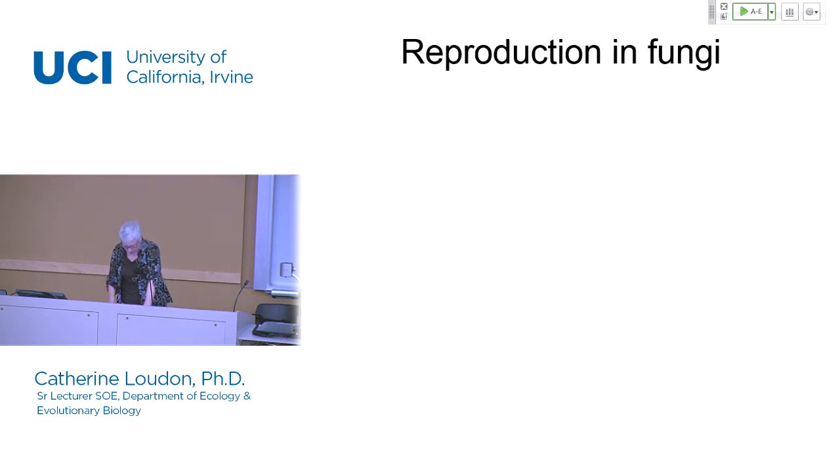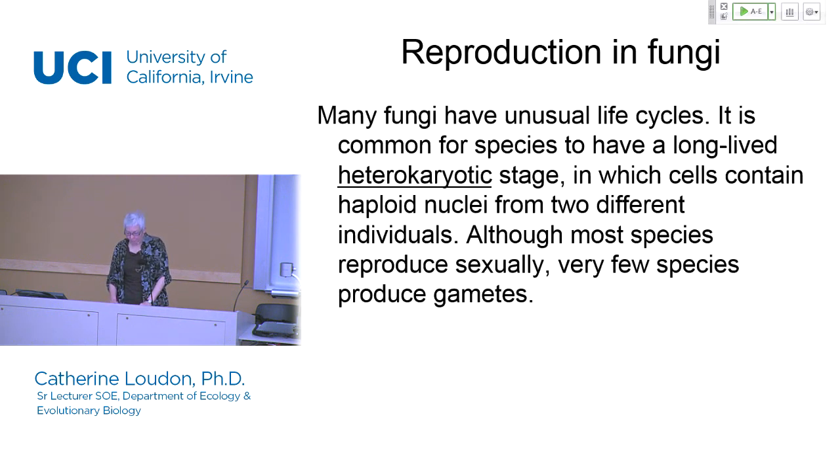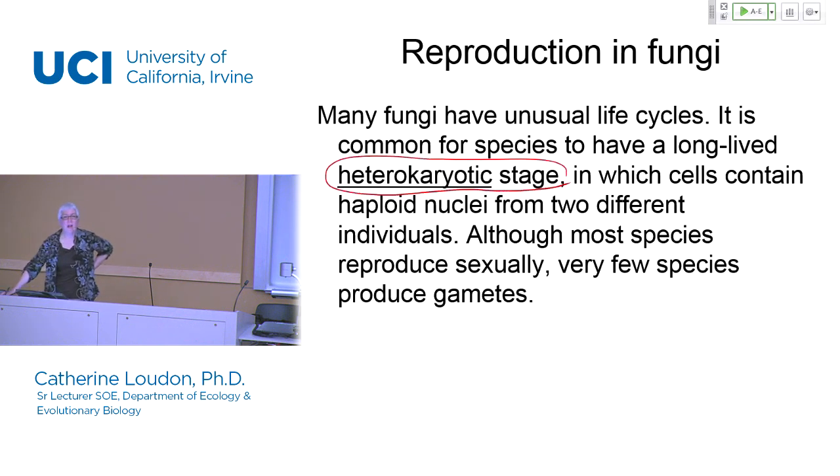So let's now consider reproduction in fungi. And from the point of view of animals, or even plants for that matter, one of the things that's very unusual about fungal life cycles is that there's often a stage called the heterokaryotic stage.